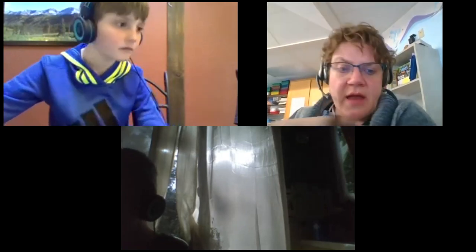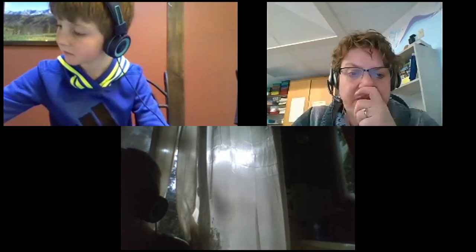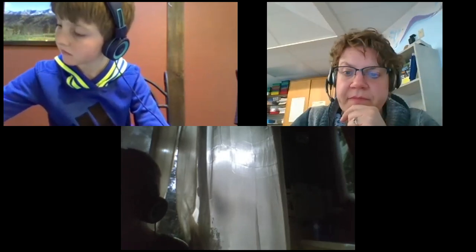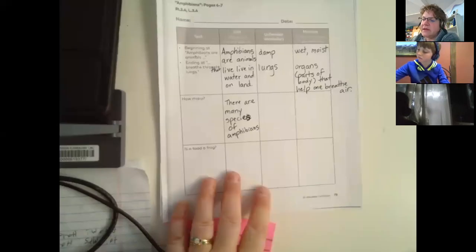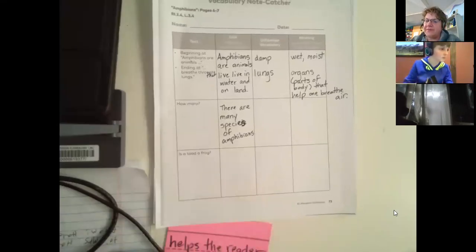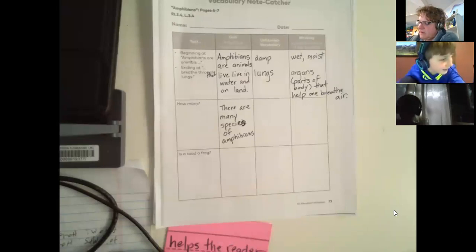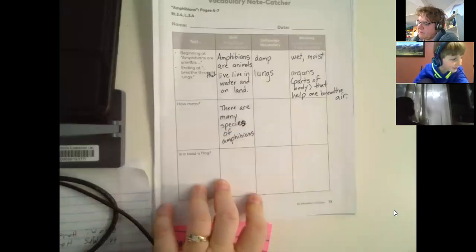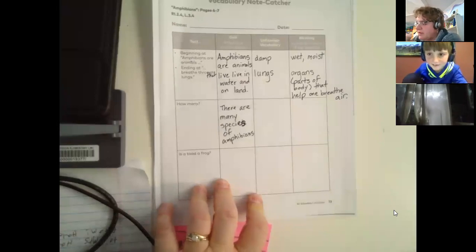All right, here, let me share my screen real quick. So there are many species of amphibians. Cole, what do you think we should put down as our vocabulary word? What's a word that somebody might not know? Like salamander or newt. We could put that down there.